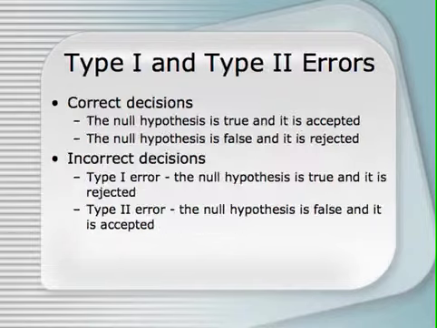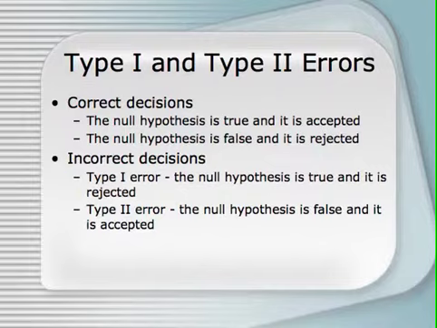So jumping to type 1 and type 2 errors, a correct decision is when the null hypothesis is true and you accept it, or the null hypothesis is false and it is rejected. However, incorrect decisions are type 1 error, where you reject a null hypothesis when it is actually true.